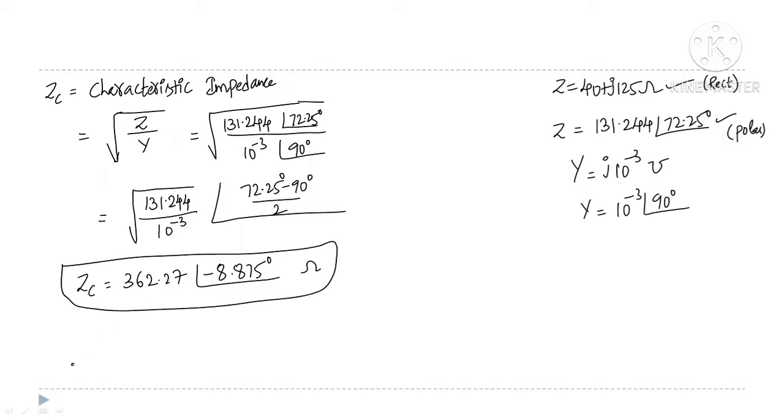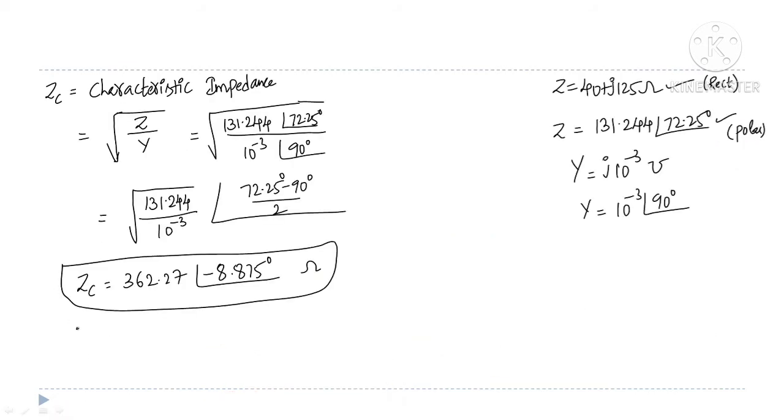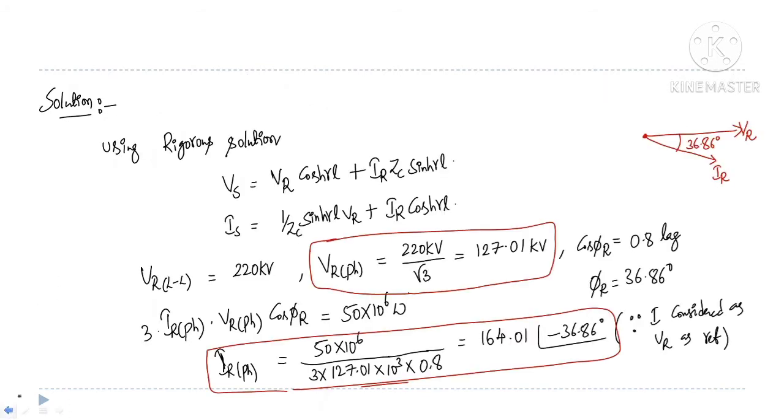Now we got all three basic things: receiving end voltage VR, receiving end current IR, and characteristic impedance ZC. In the basic equation, three things are completed and we are left with two things: cosh γL and sinh γL.